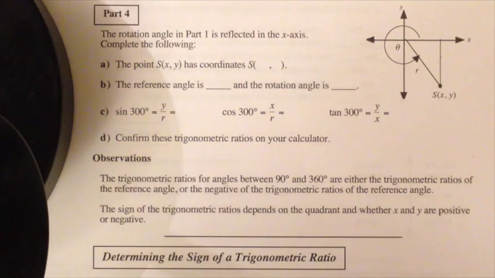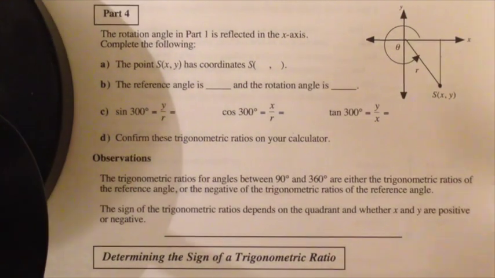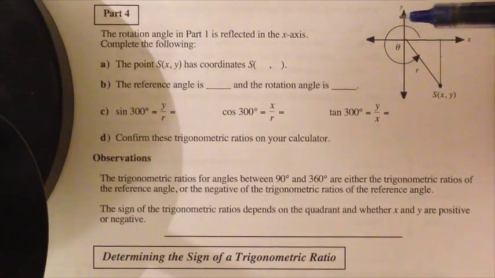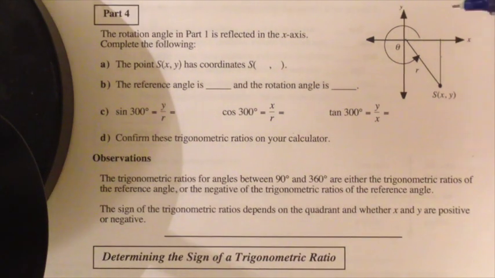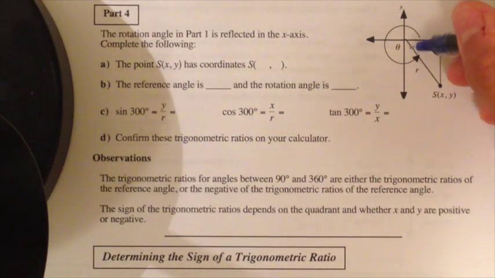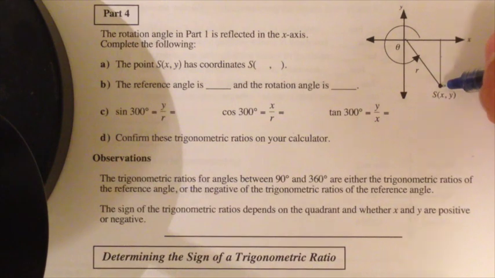Part 4 is exactly the same as parts 1, 2, and 3. The only difference being that now the rotation angle in part 1 is reflected in the x-axis. And so we're going to end with our terminal arm in quad 4 here.